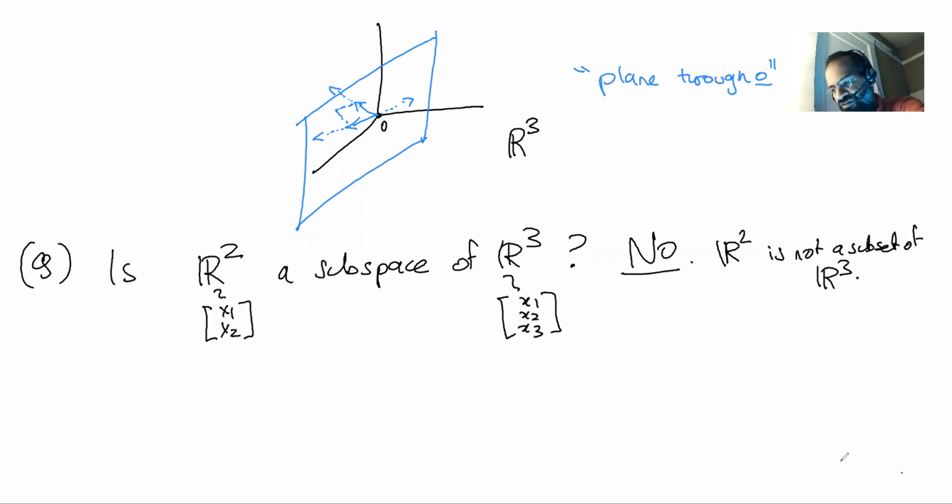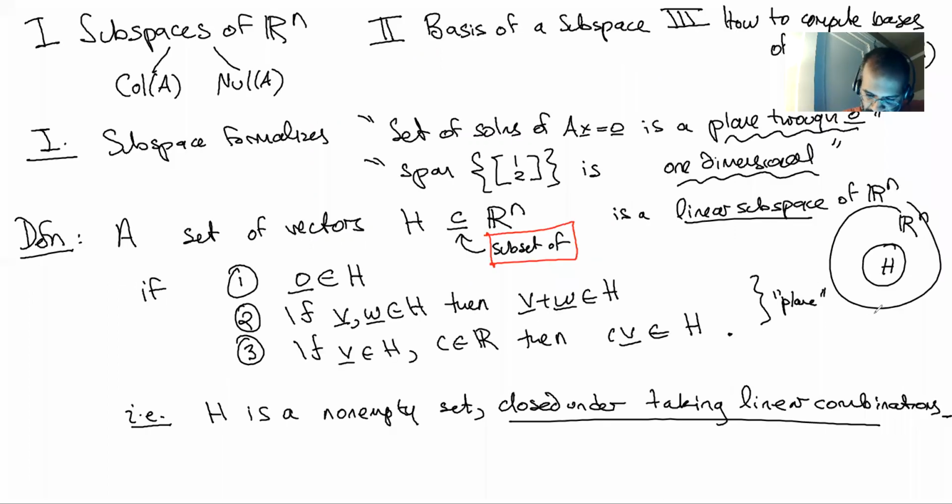Let's see some examples of things that are subspaces and maybe are not subspaces. Any more questions before we move on to that? Someone's asking, what's the difference between a subspace and a subset? A subset is literally something where the Venn diagram looks like this.